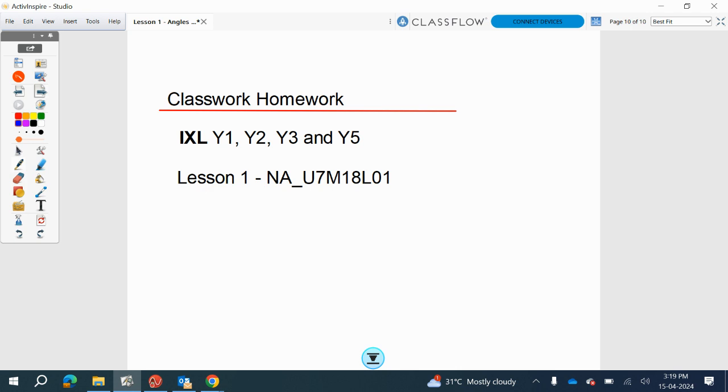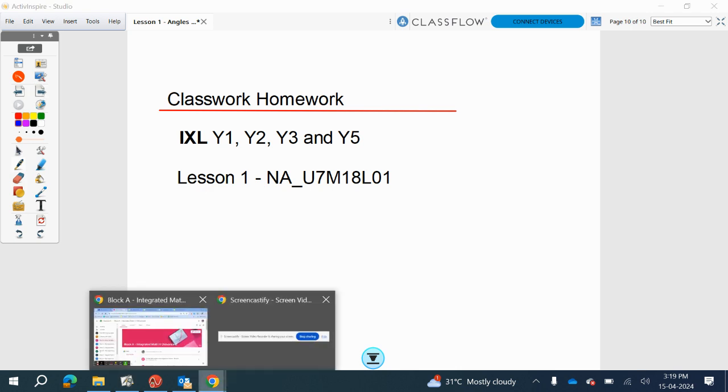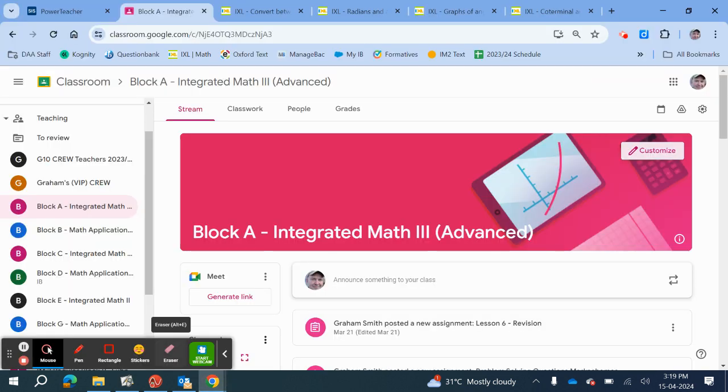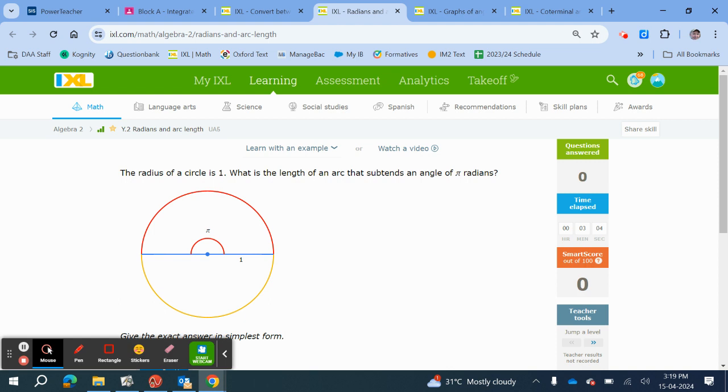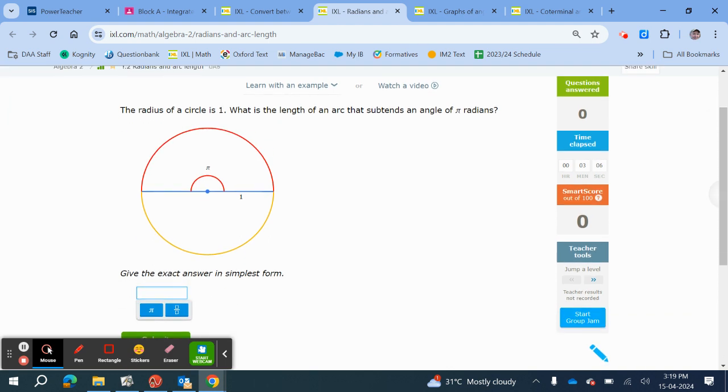All right, our last part for today is some IXLs. I'm just going to do a couple of them for you. So look what we've got here. The radius of a circle is 1. What is the length of an arc with an angle of, okay, that would be pi.